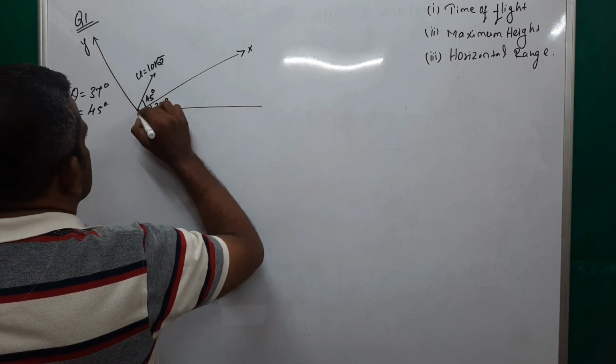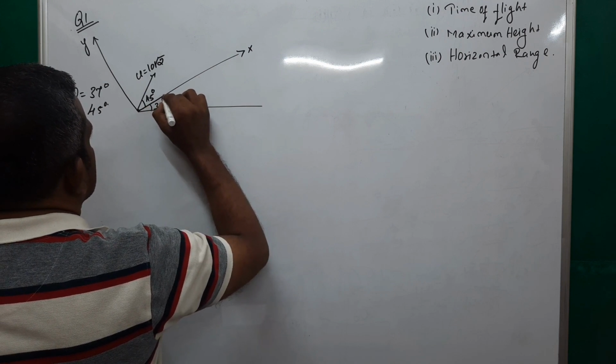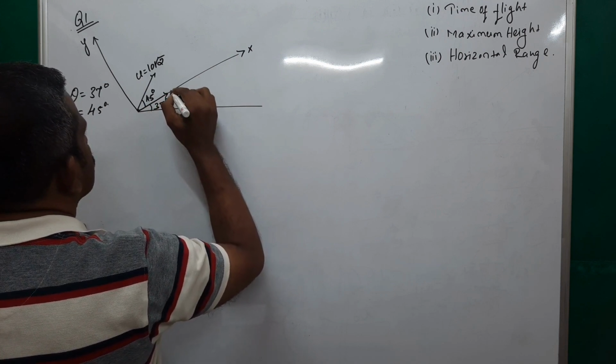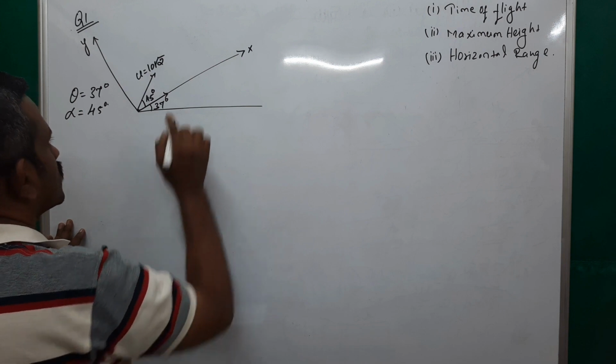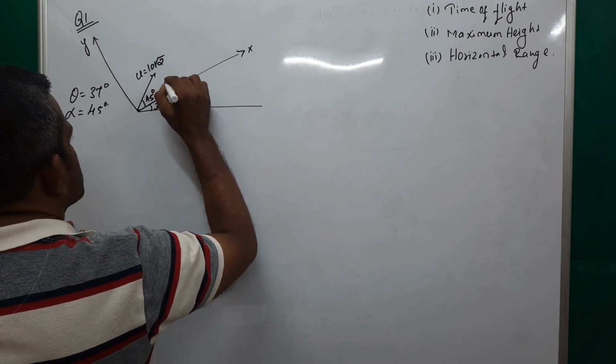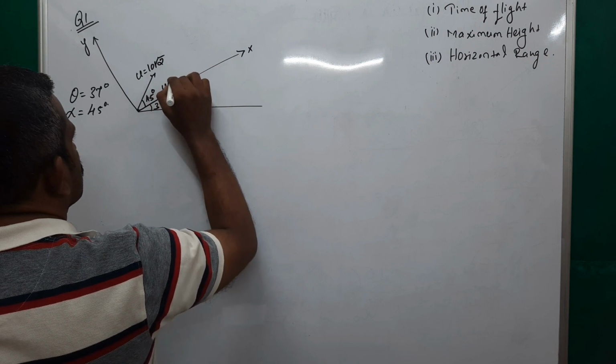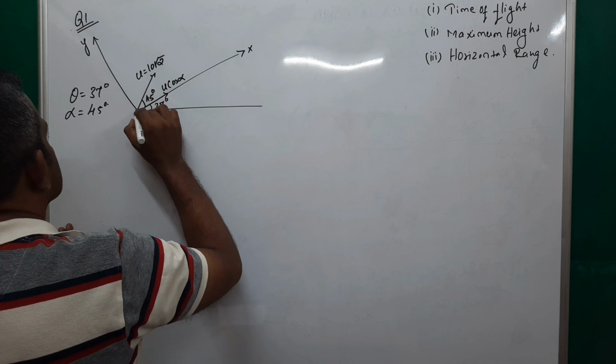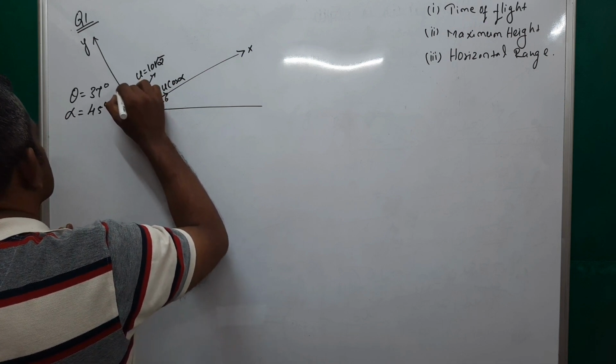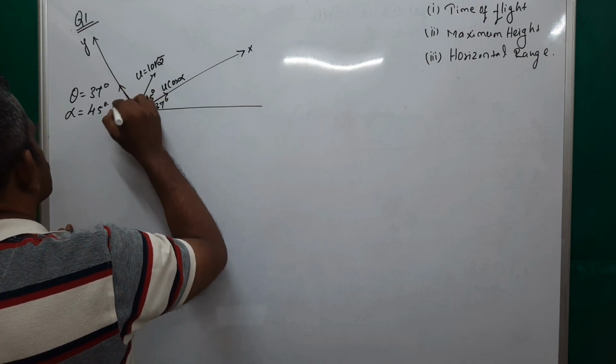This is the horizontal component of velocity, that is u cos alpha, and this is the vertical component of velocity, that is u sin alpha.